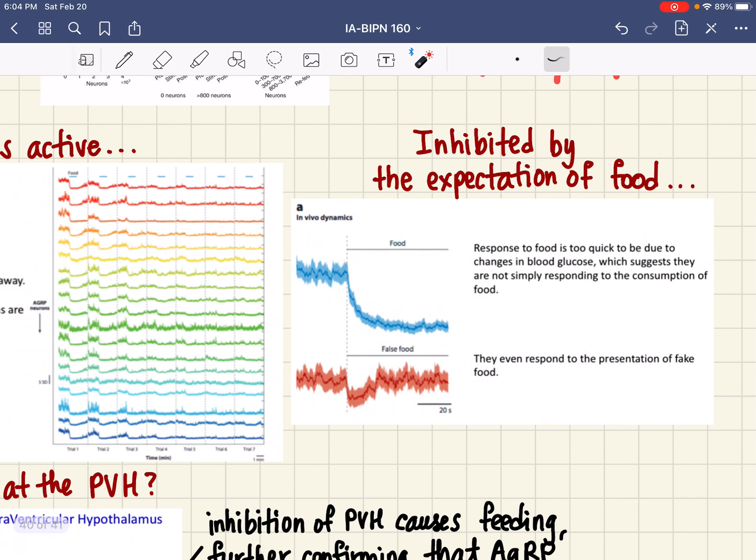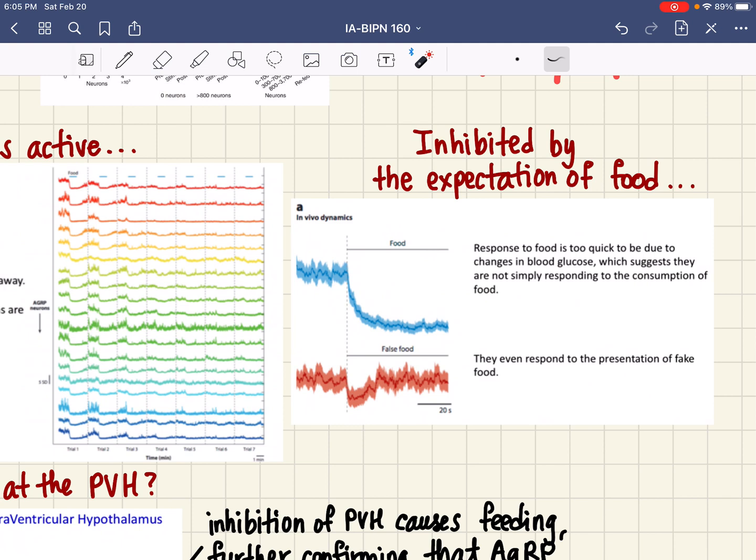Then they did another study where they tried to think, well, is the inhibition of the AGRP neurons coming from the fact that they recognize the levels of glucose in the blood? And the answer was no, because the inhibition of AGRP happened too fast, right? There was no time for the glucose to even enter those neurons. However, they realized that the possible reason to how AGRP becomes inhibited is the expectation of food or seeing food.